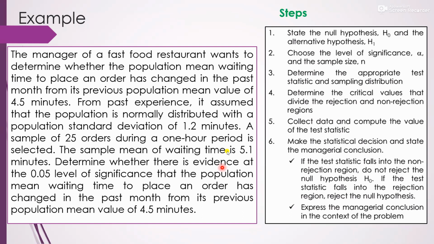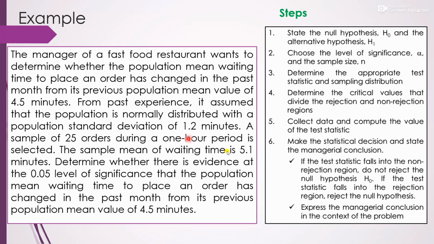Here we are talking about the mean, the waiting times. The waiting time is a continuous variable, and we can summarize the observations of a continuous variable using the mean value. So the population mean of the waiting times is the parameter, right?